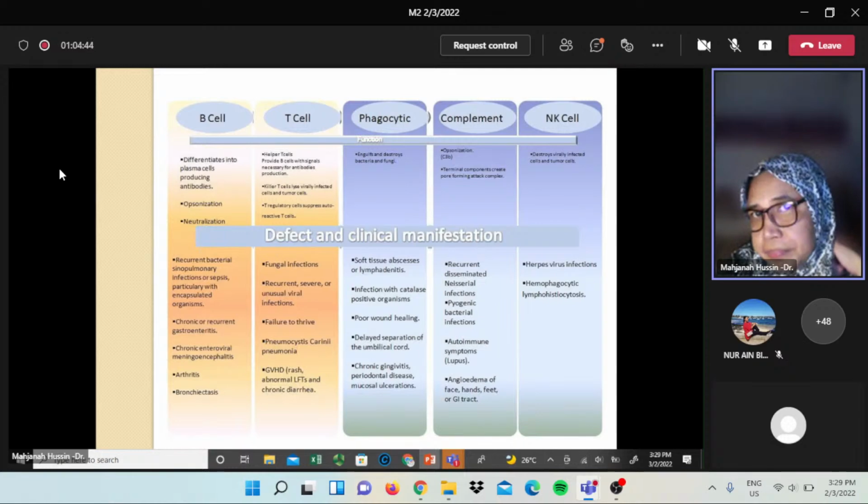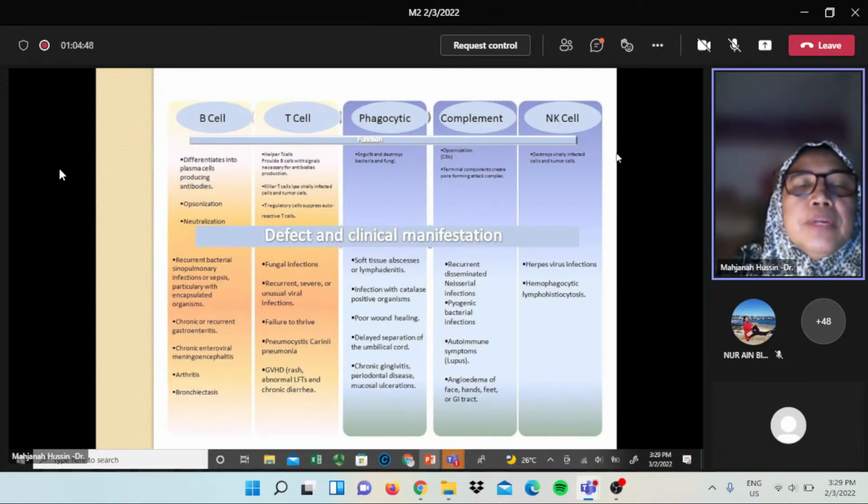To explain further, for B cell, you know that B cells will differentiate into plasma cells producing antibody. They have the function of opsonization as well as neutralization. So in this column, B cell, T cell, phagocytic, complement, natural killer cells are the types of cells.